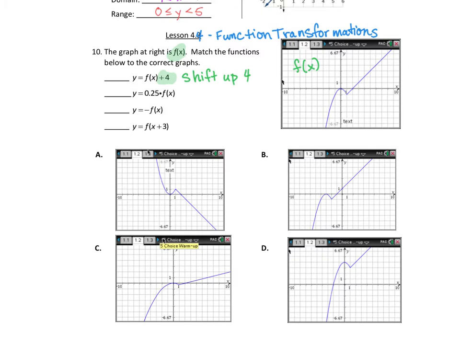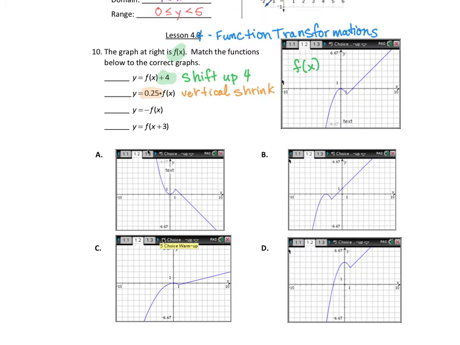The next part has a multiplier. So we're multiplying by 0.25. So this one is actually going to be a vertical shrink. We're going to look for one that looks squashed down. Anytime it's less than 1, it shrinks. If it's greater than 1, it's going to be a stretch.